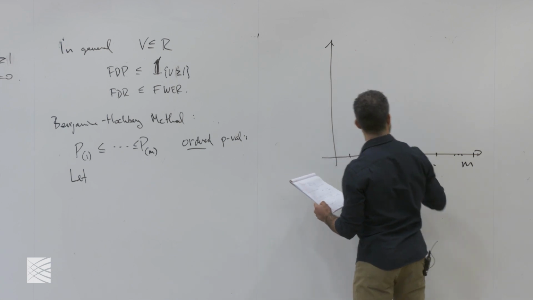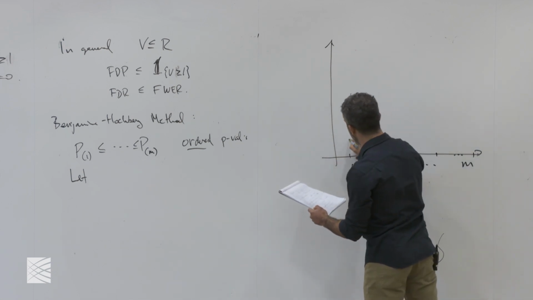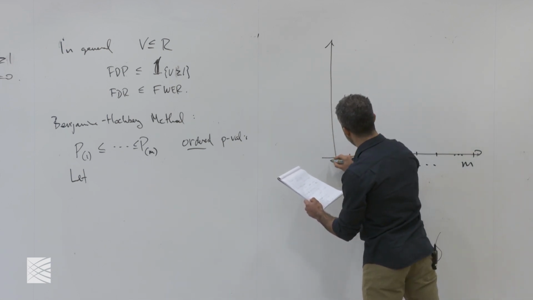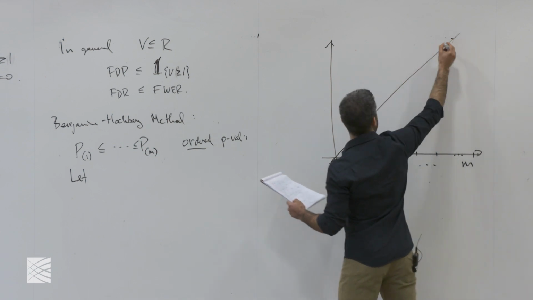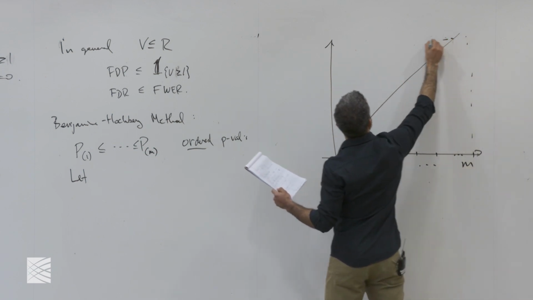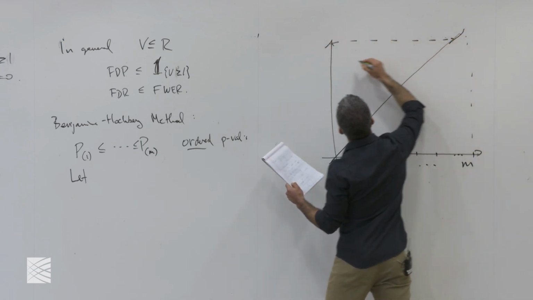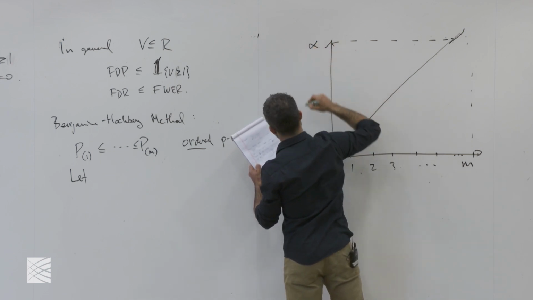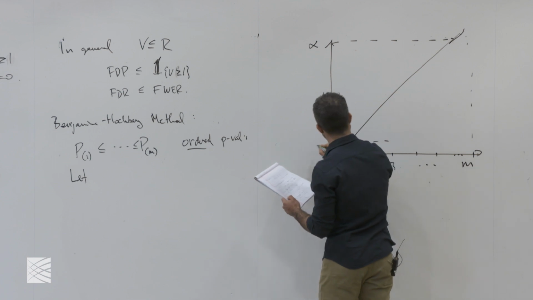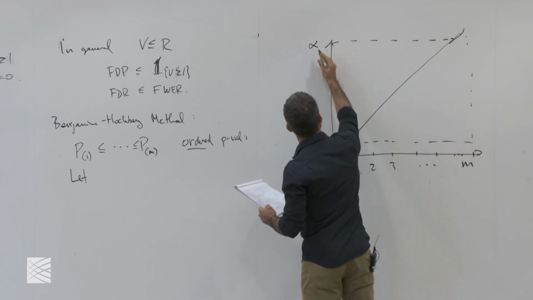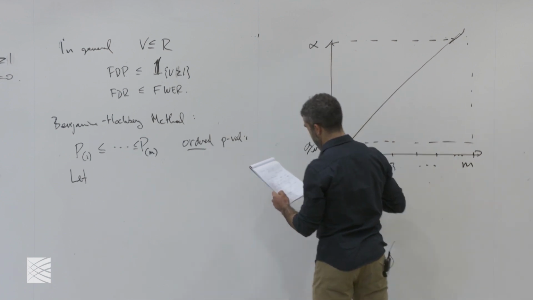Okay, here is the index. Here's the p-value. I'm just going to draw them, and I'm going to compare them to this line. And the line is going to have slope alpha over m. So here is alpha. This is alpha over m.